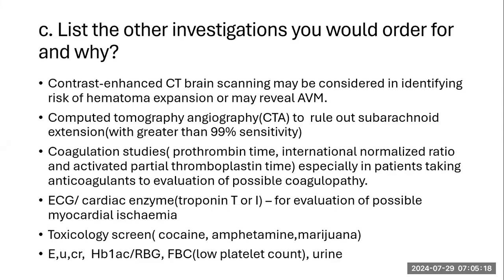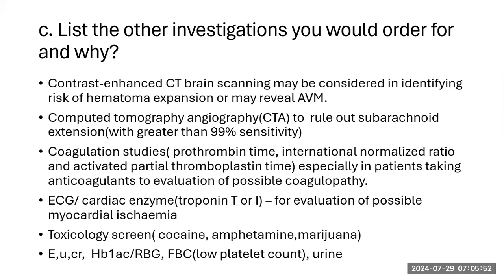I also want to do a coagulation study, prothrombin time, INR, and activated partial thromboplastin time, especially in patients on anticoagulants, for evaluation of possible coagulopathy. I also want to do electrocardiography and cardiac exams, such as troponin, to evaluate possible myocardial ischemia, which could be a complication of hemorrhagic stroke.